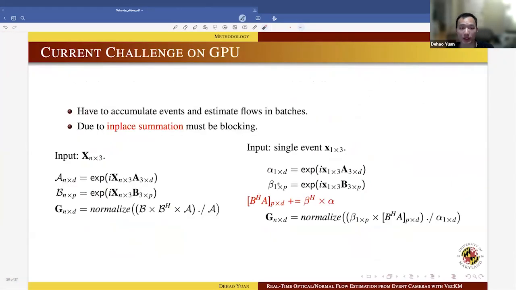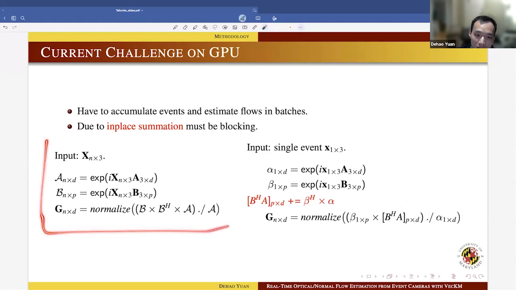So the current challenge on implementation on GPU is we have to accumulate events and then estimate the flow in batch. This is not because our algorithm does not support iterative update, but because the in-place summation must be broken.